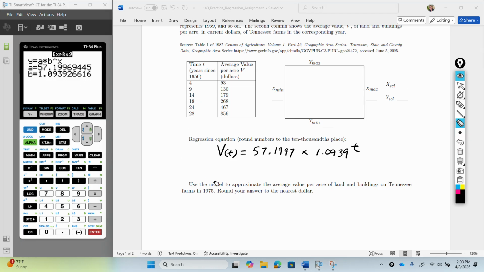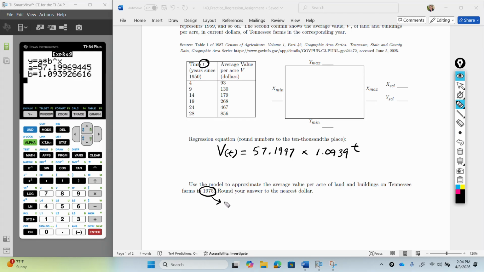Then it says use the model to approximate the average value per acre of land in buildings on Tennessee farms in 1975. Now, 1975 is not our t-value because our t-values are the time in years since 1950.